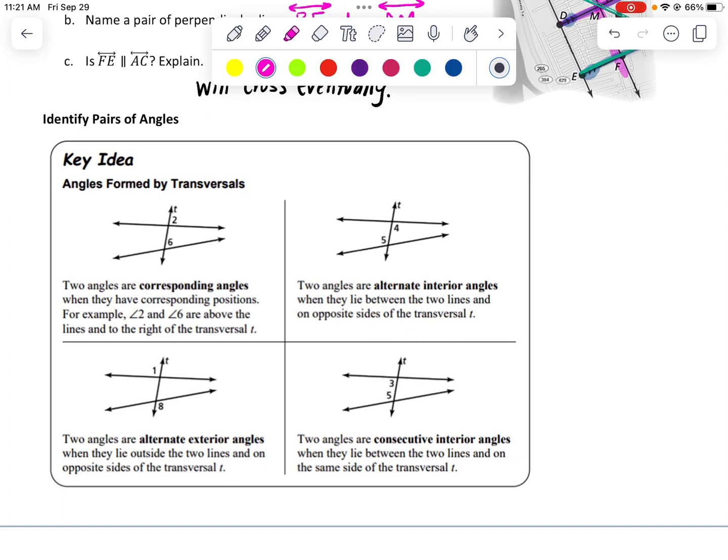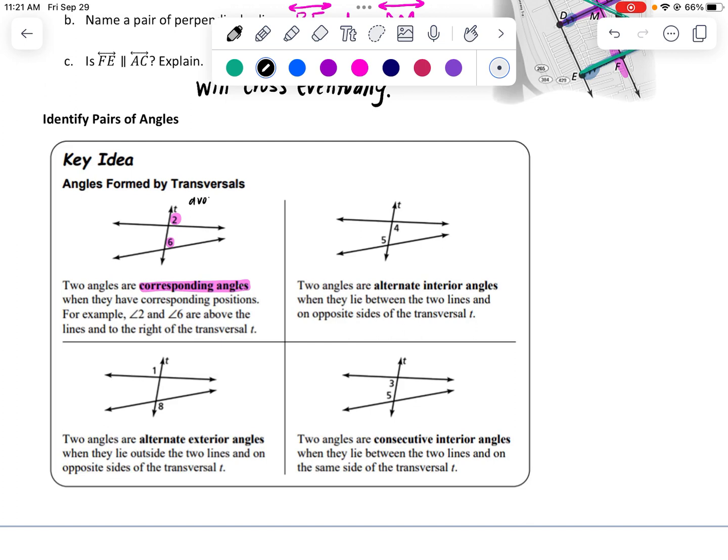So the first one, you can create corresponding angles, okay? Corresponding angles means that they are in like corresponding spots. So for example, 2 is above the line to the right of the transversal. 6 is above the line to the right of the transversal.